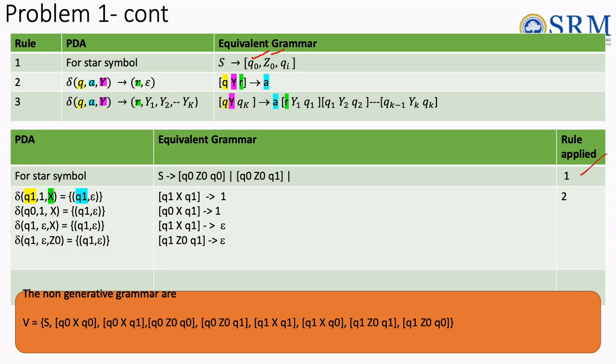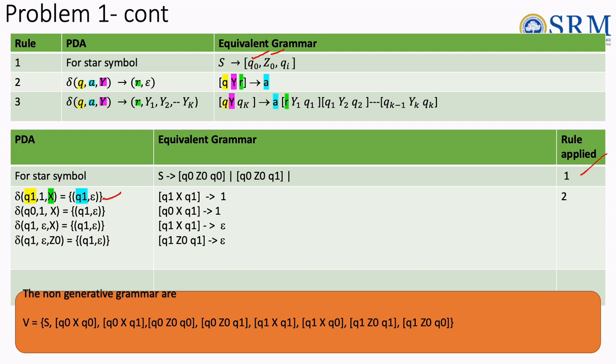Fine. Then comes my pop. I take all my pop symbols. The first pop is this transition as per the problem. Here you can see that I just shifted over here: Q1 here, X here, Q1 here gives this one. Likewise, Q0 X Q1 gives 1.